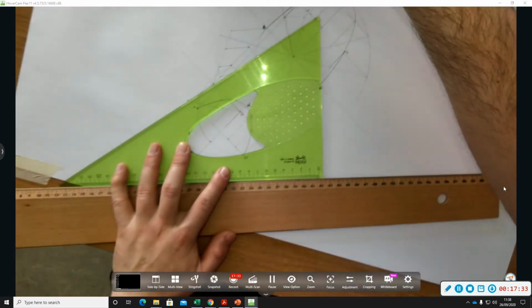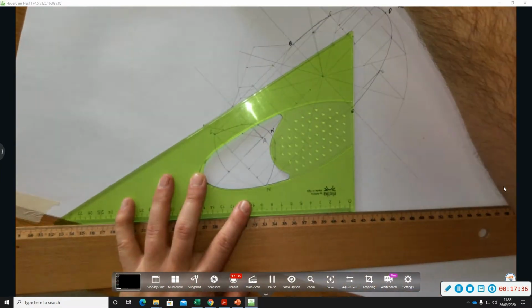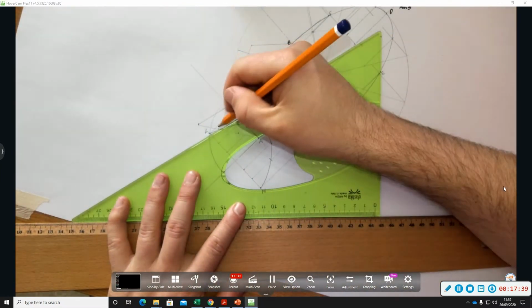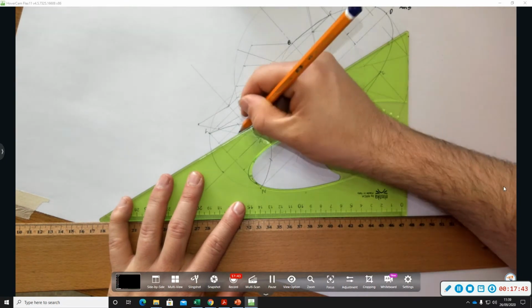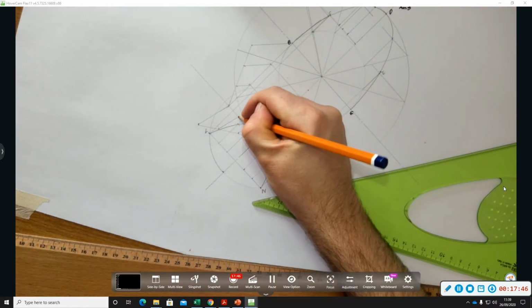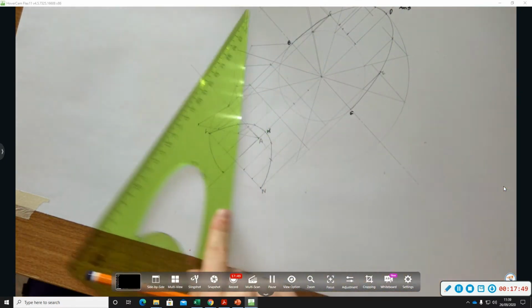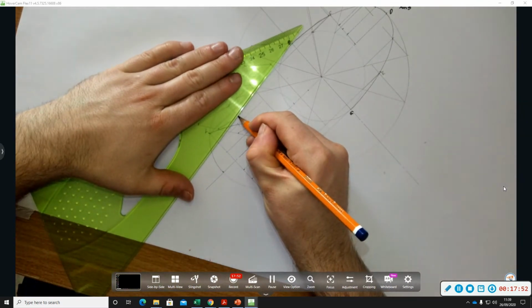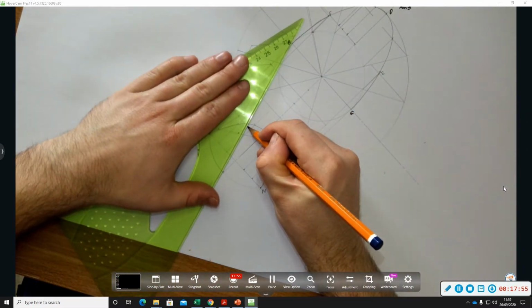There, and then I'm going to do the same again. I'm going to hold my T-square underneath the set square, and slide the set square along with the T-square held steady. Now I'm going to join this one to B and this one to B here.